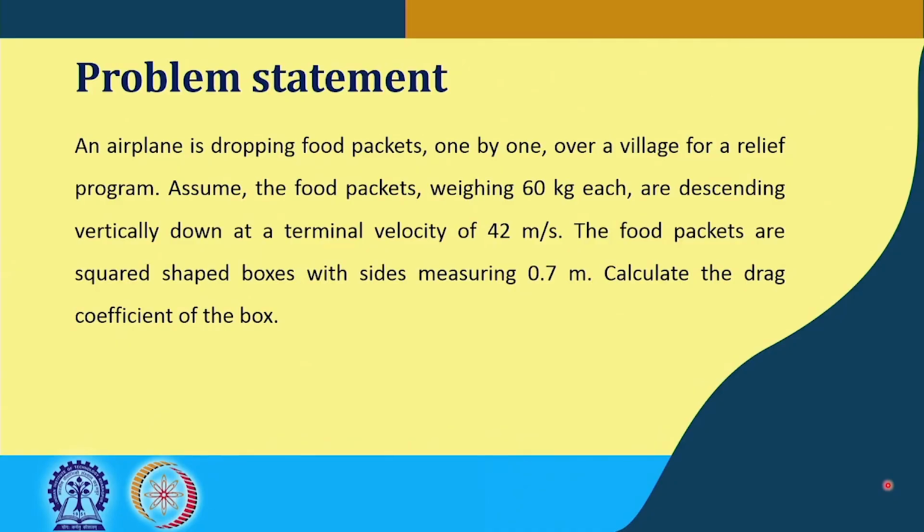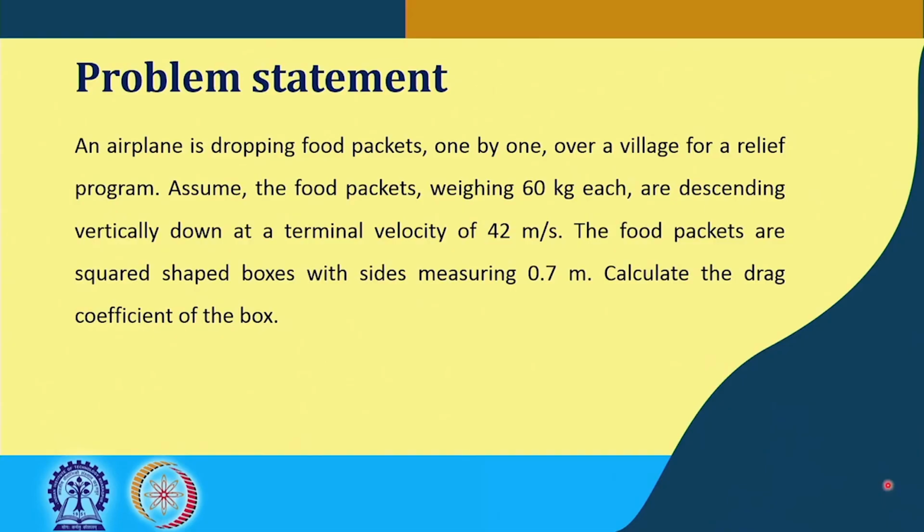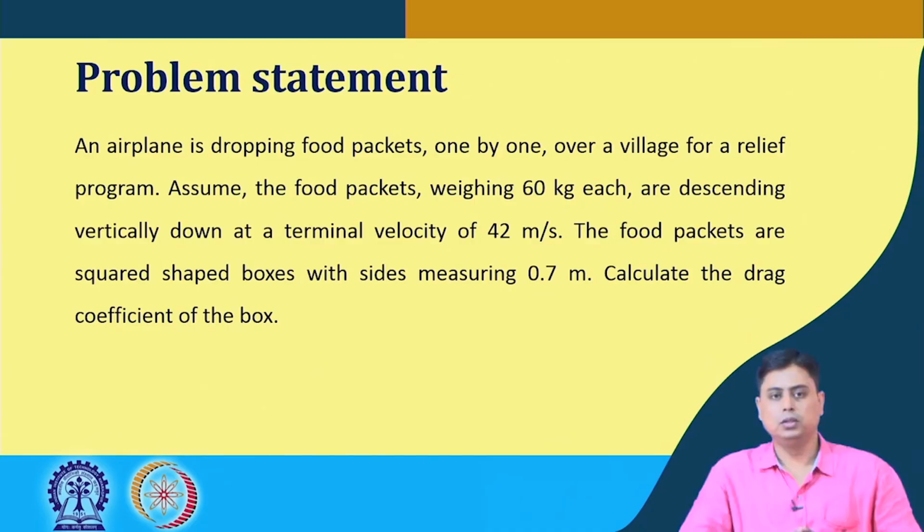Although there is a bit of preamble that the airplane is dropping food packets as a relief package, the essential thing is that one square-sized packet is coming down vertically with a certain velocity. The box weight is known. So, the cross sectional area of the box is known. So, what is the drag force or the drag coefficient rather here?